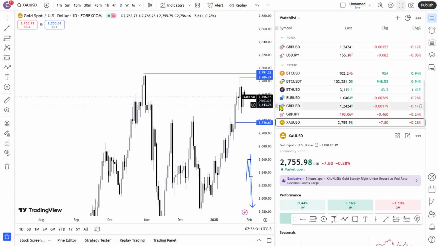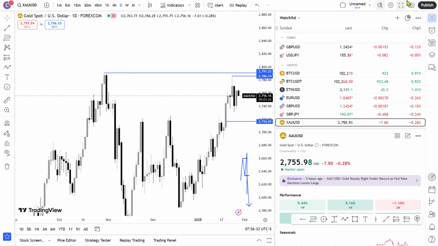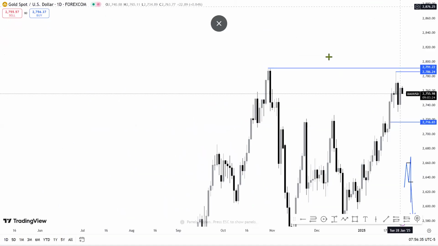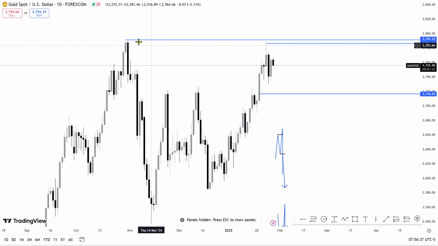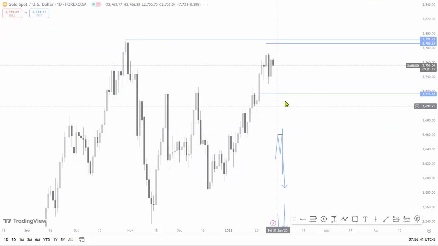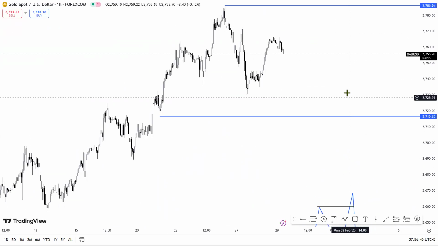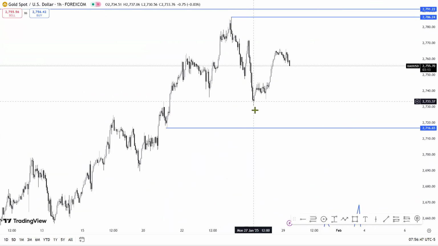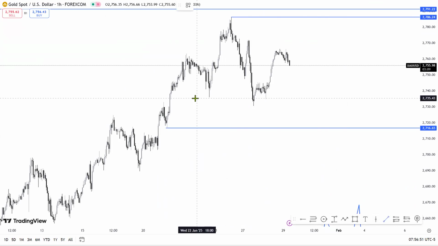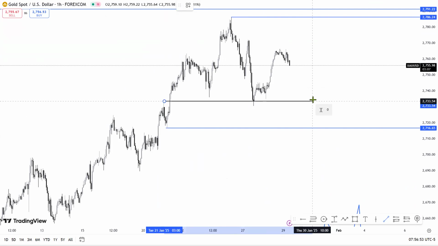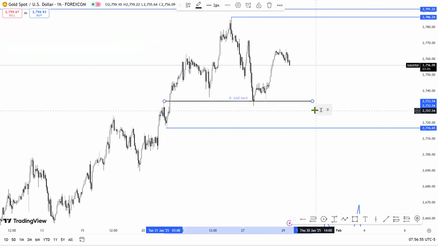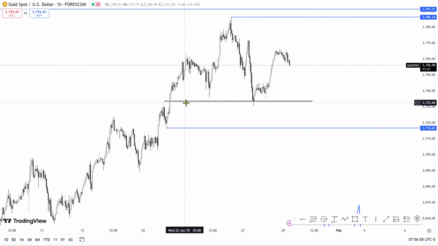So you can see gold. Gold is bullish as well, and we are looking at price action trading into the drawn liquidity above. The equal high is right there. So we would look for buy setups, and what we can see clearly gold did on the 1 hour time frame is gold took out the sell side liquidity pool residing below that old low and traded into the bullish mitigation block by the left here.